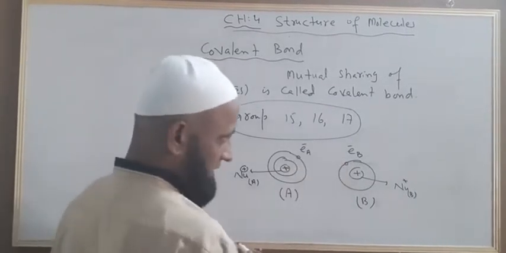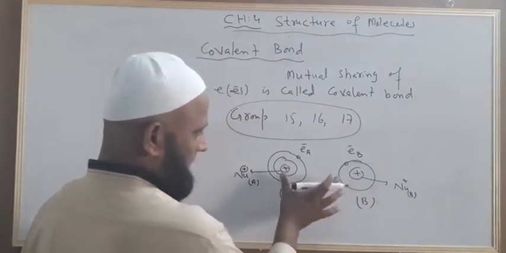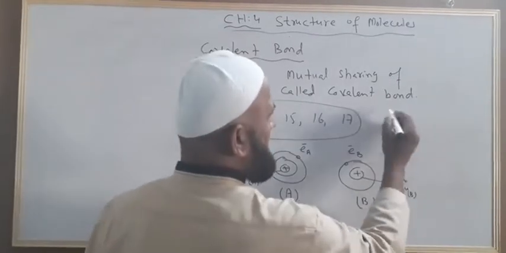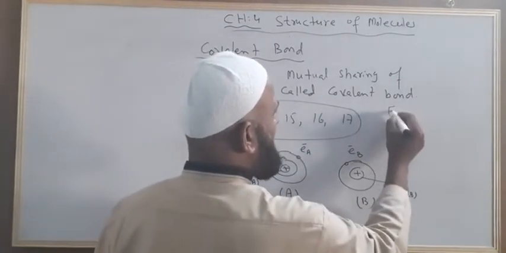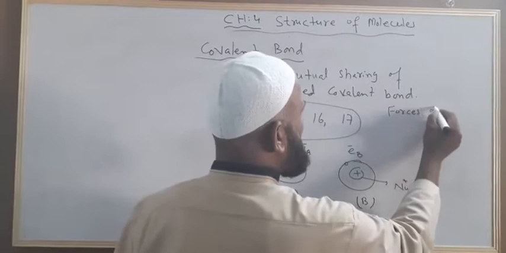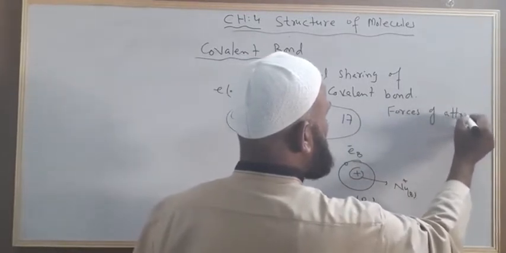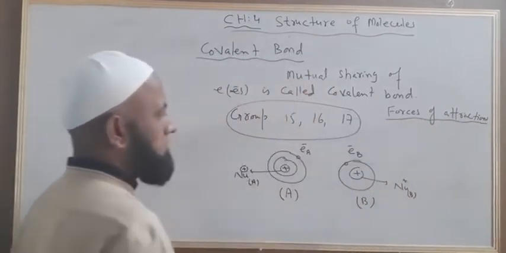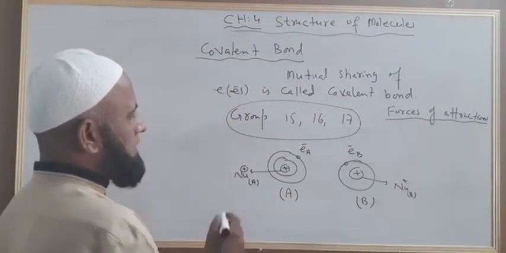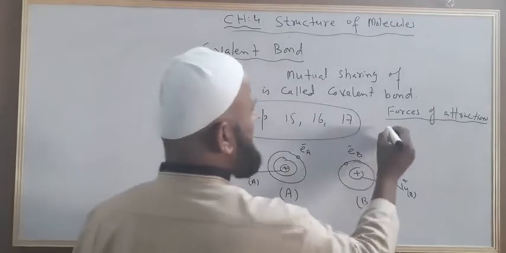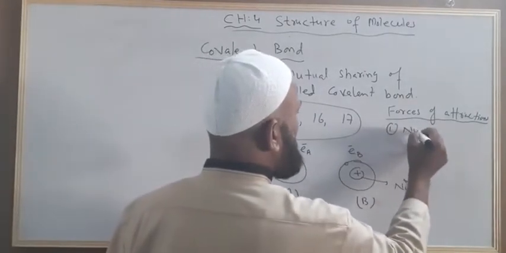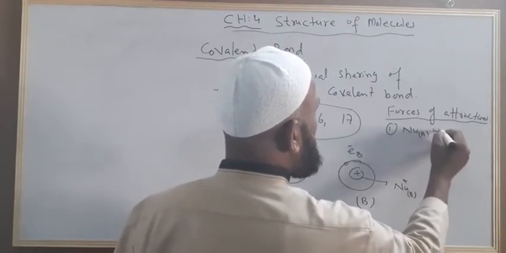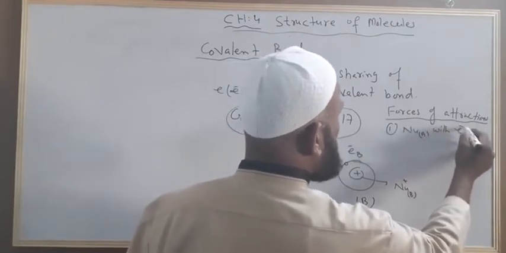So if we look at the forces of attraction and repulsion between these two atoms, how many forces of attraction and repulsion may exist between them? First of all, forces of attraction. One force of attraction would be between nucleus of A and Ea.